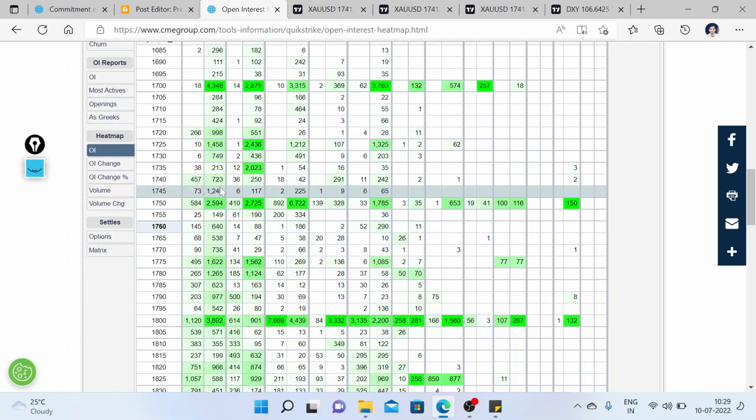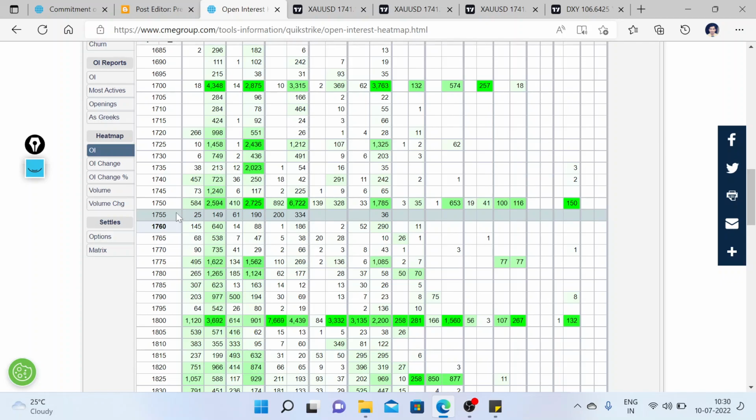This is the daily data which we discuss daily on Telegram. These support and resistance levels may change, so we will update those levels on Telegram. For current intraday levels, 1720, 1725 and 1700 are the support, and on the upside 1745 and 1750 are the major resistance.